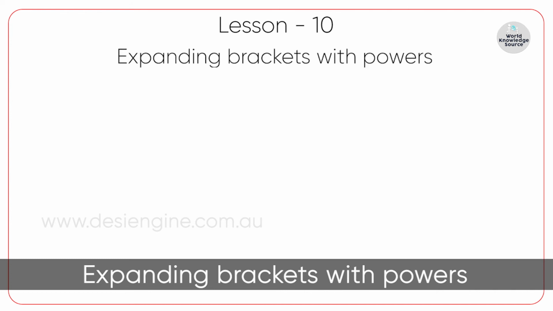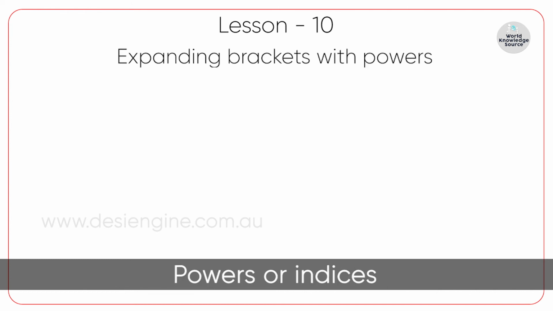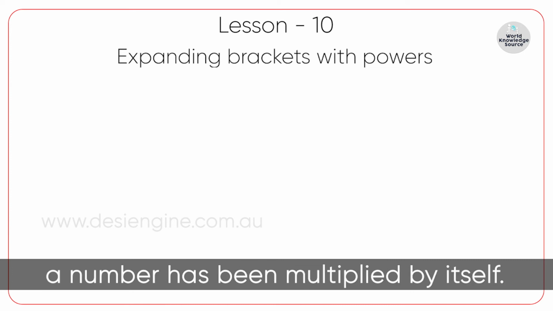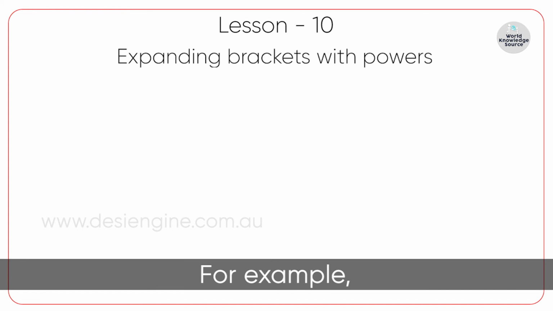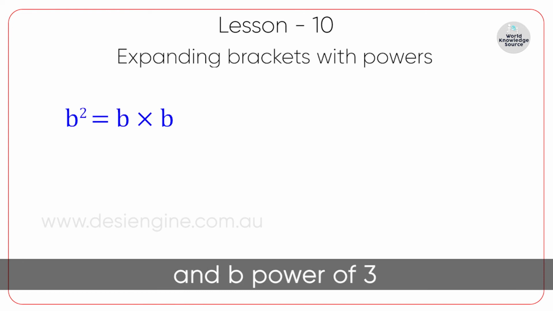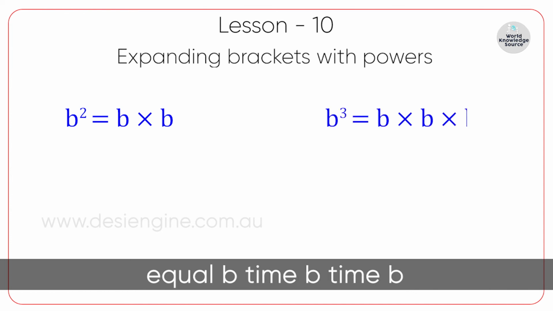Expanding brackets with powers. Powers or indices show how many times a number has been multiplied by itself. For example, b power of 2 equals b times b, and b power of 3 equals b times b times b.